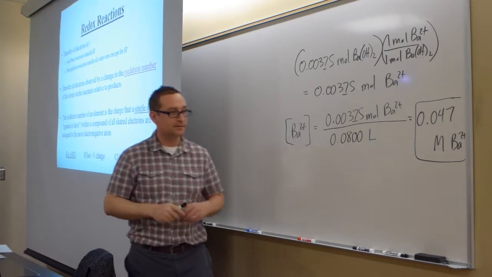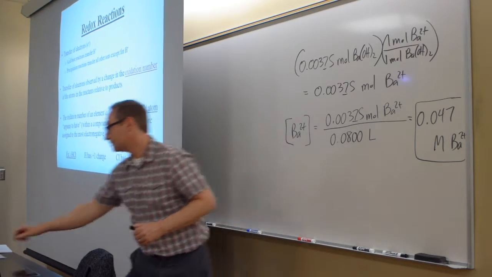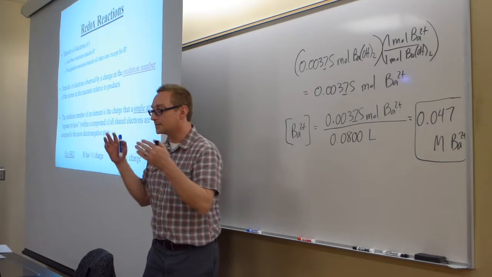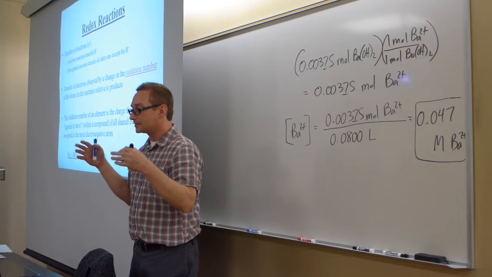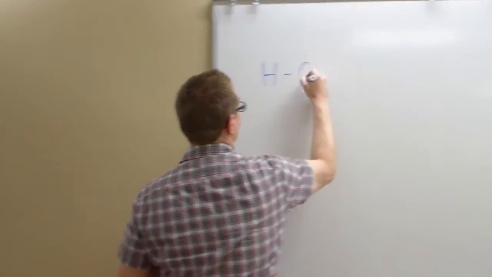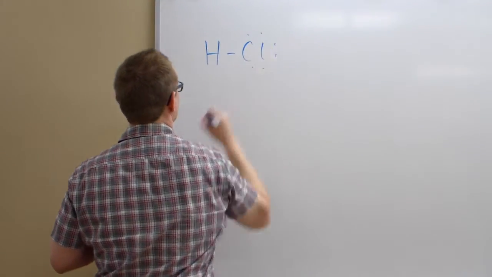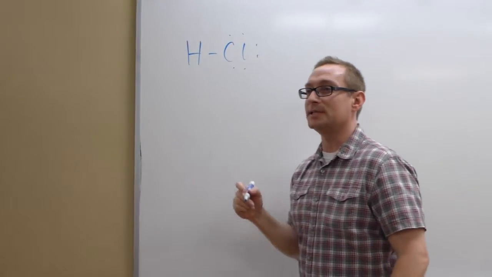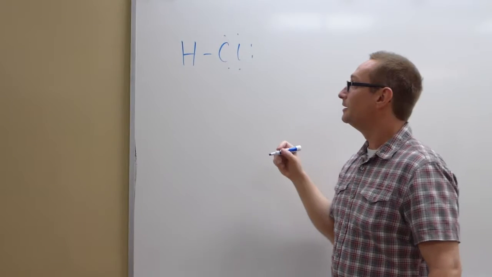Okay, and if I did a Lewis structure for this, just to illustrate what I mean by this definition of oxidation number, what a single atom appears to have within a compound. If we look at HCl, going back to Lewis structures, which you've at least seen this basic structure, right?